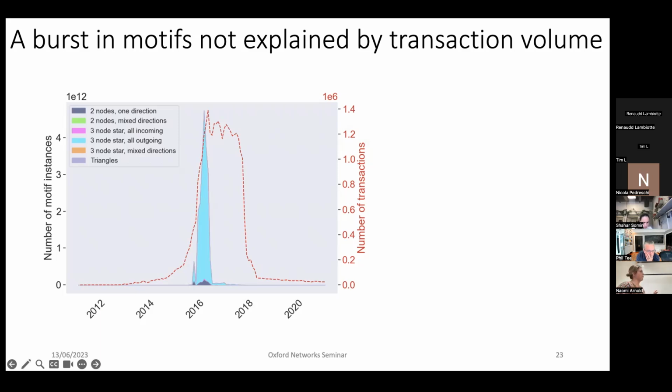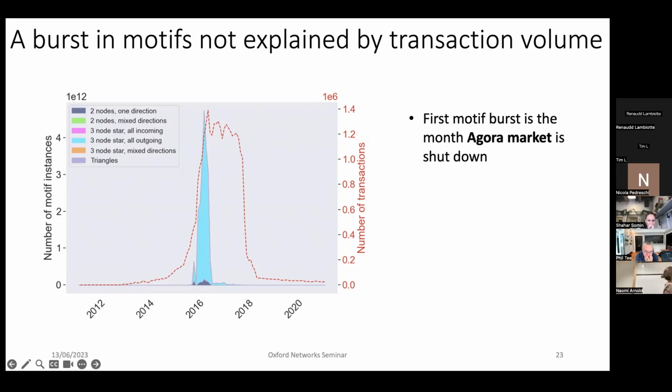Just pointing out some points of reference, it was around 2014 when Alphabet was formed, and then summer 2017 when it was shut down. The first thing is the very first motif burst, not the huge one, but there's a really tiny one there.